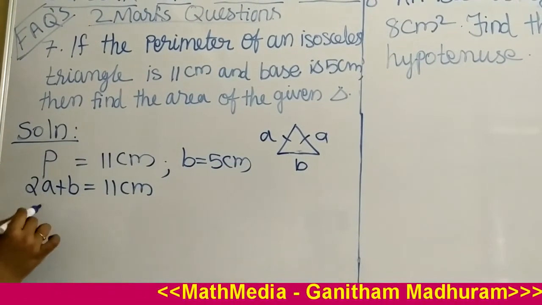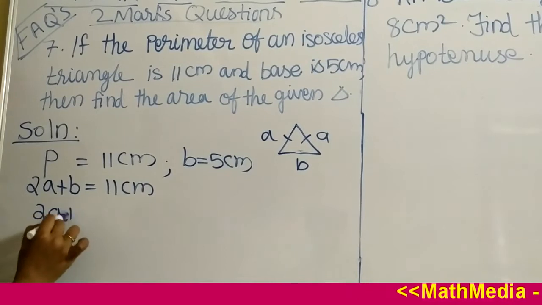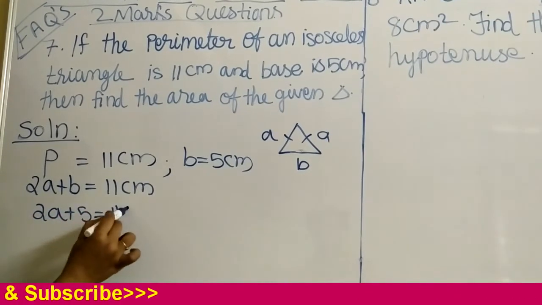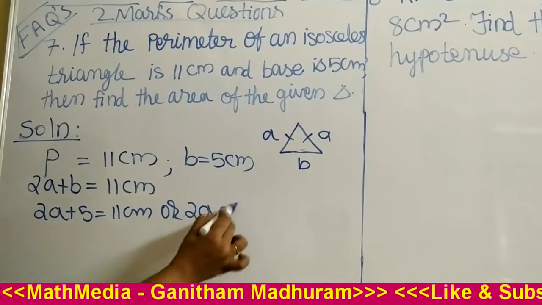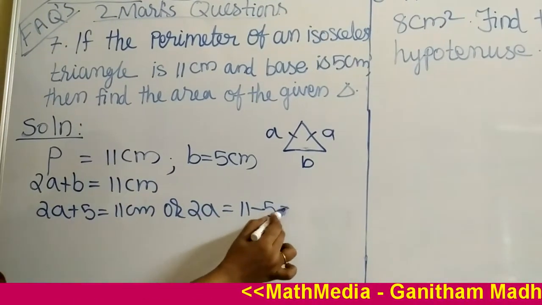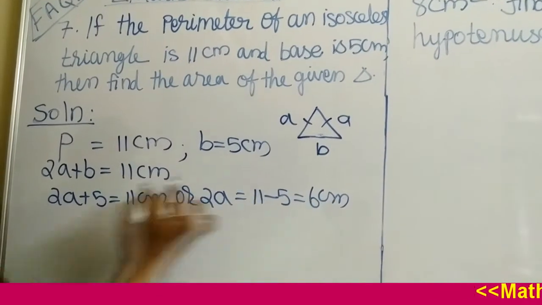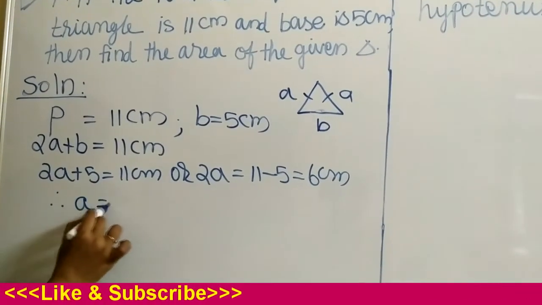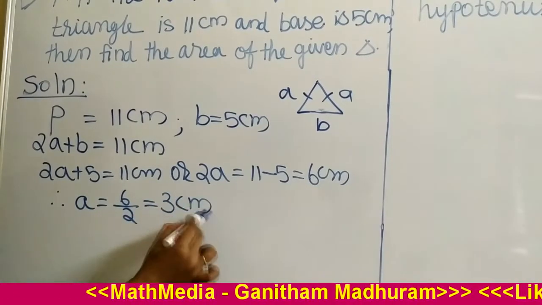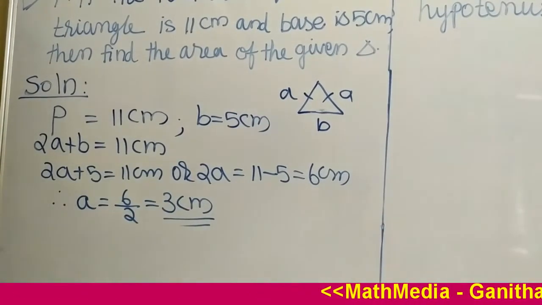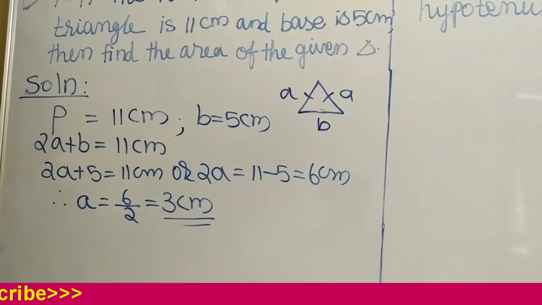So while substituting, 2a plus 5 equal to 11 centimeter, or 2a equal to 11 minus 5 equal to 6 centimeter. Therefore, a equal to 6 upon 2 equal to 3 centimeter. We got a, that is the equal side of the isosceles triangle.